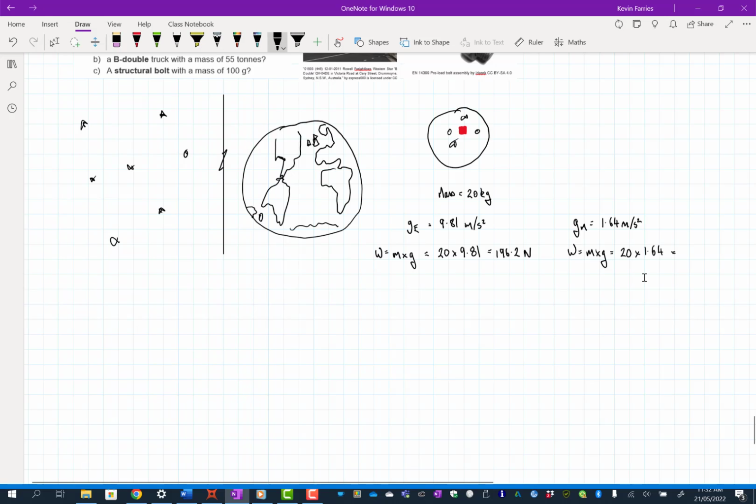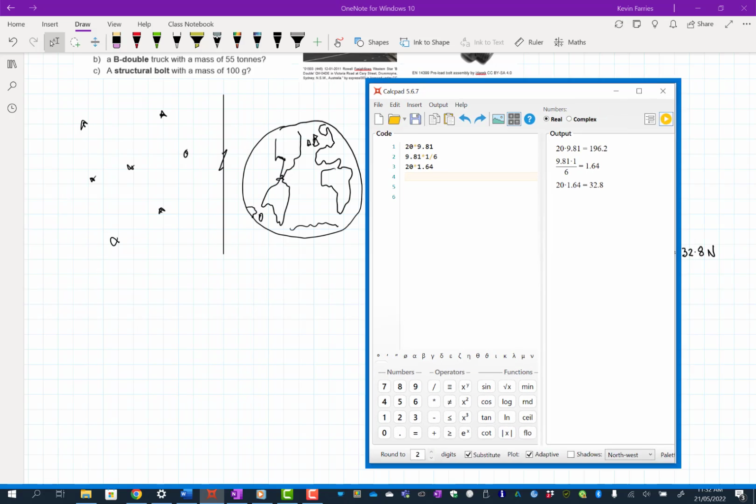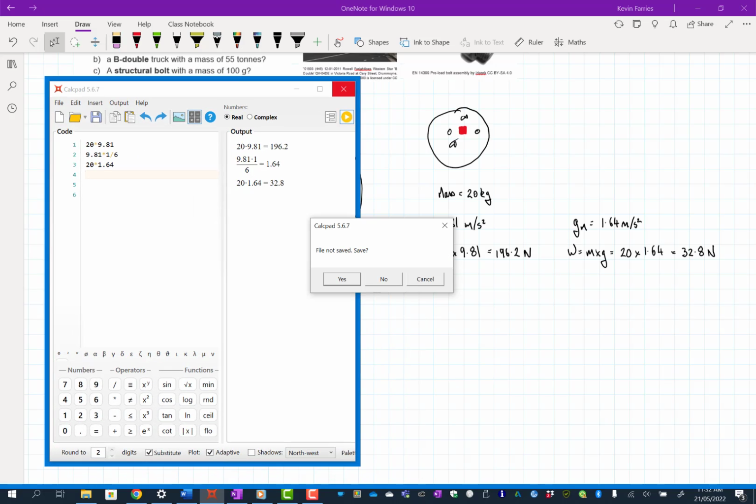It's going to be 32.8 newtons. It's a force, it's in newtons. Let's just check that because my mental arithmetic is shockingly bad. 20 times 1.64, 32.8. Not so bad actually after all.